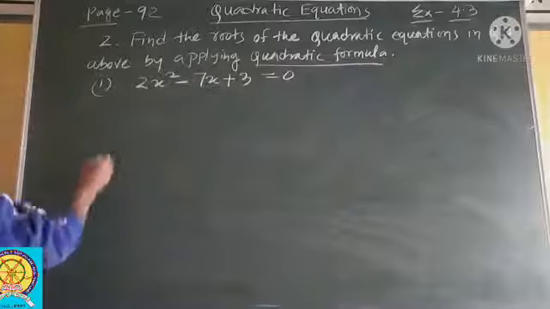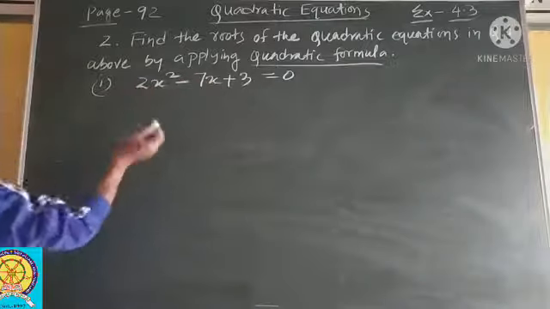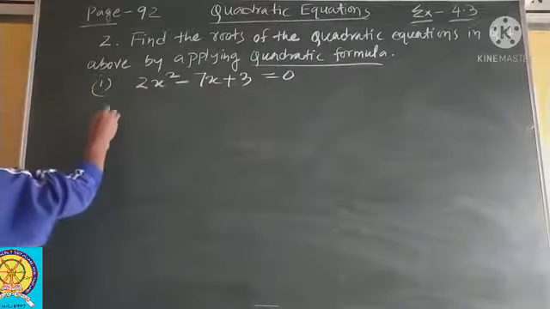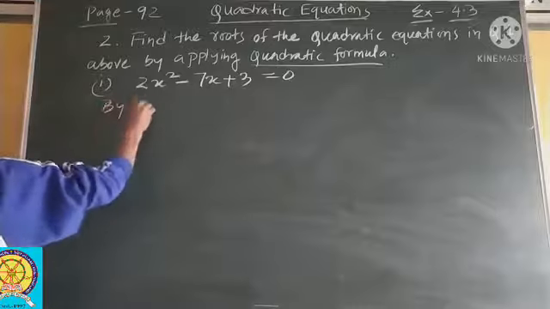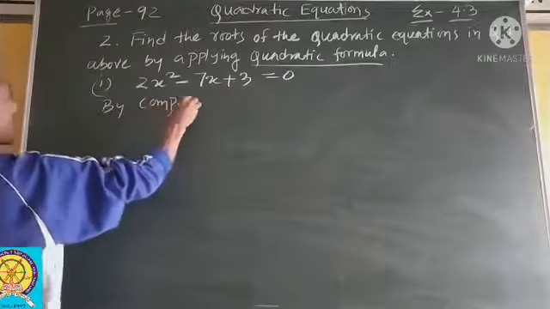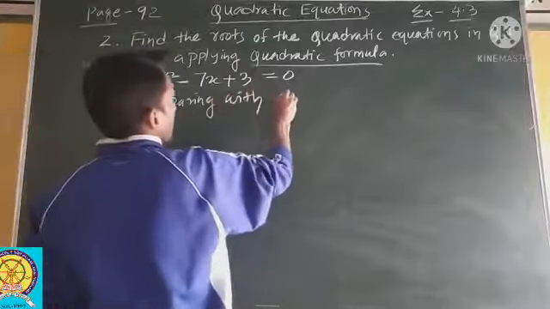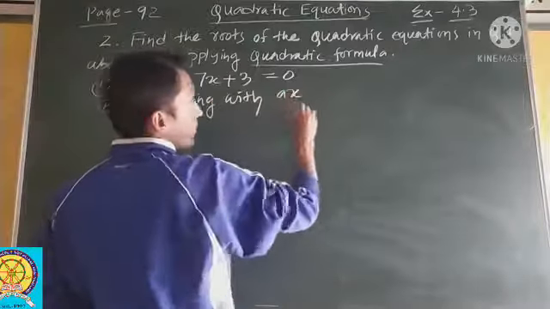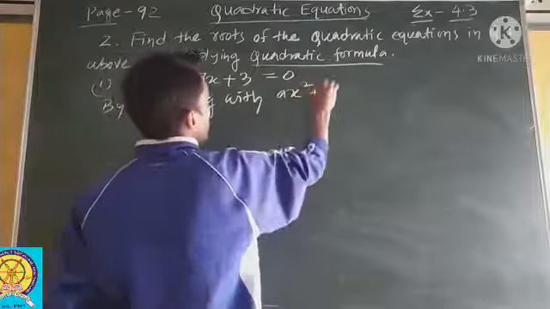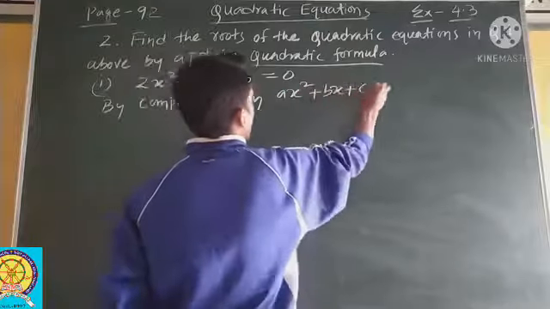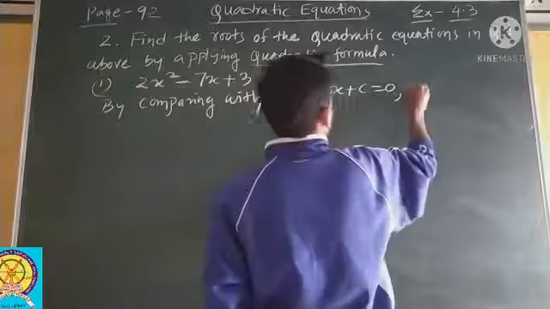So this equation you have to compare with the general quadratic equation. The general quadratic equation is ax squared plus bx plus c is equal to 0.